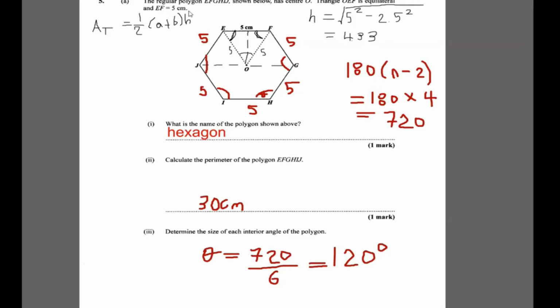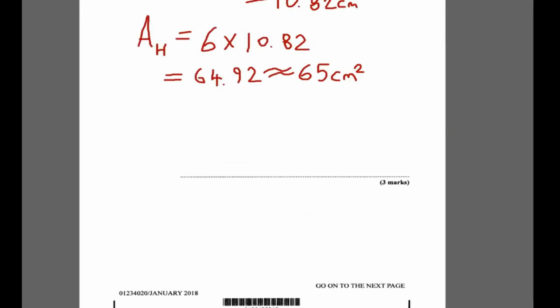So now we can go ahead using the method. Realize that the area of the top trapezium is equal to a half the sum of the parallel sides. So it's a half, A is 5 plus B is 10, times the perpendicular distance of 4.33.